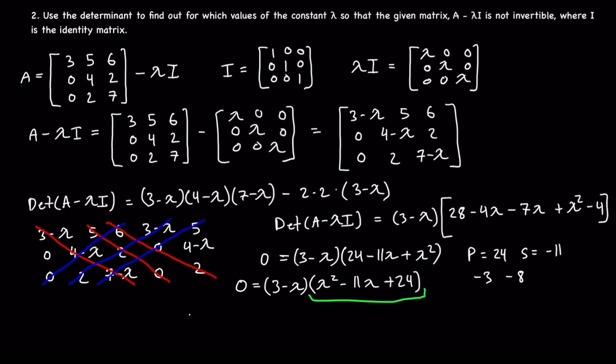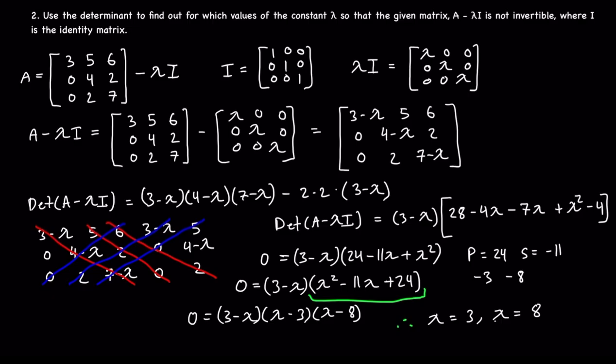So we have 0 equals 3 minus lambda times lambda minus 3 times lambda minus 8. Therefore lambda equals 3 and lambda equals 8.